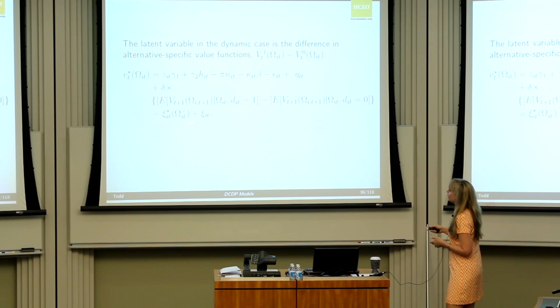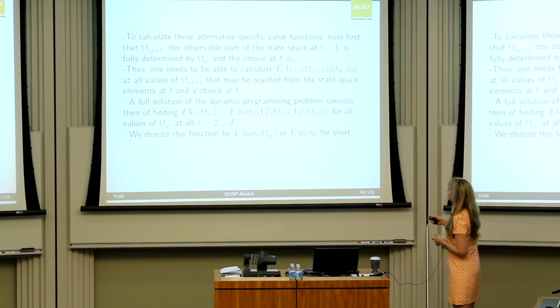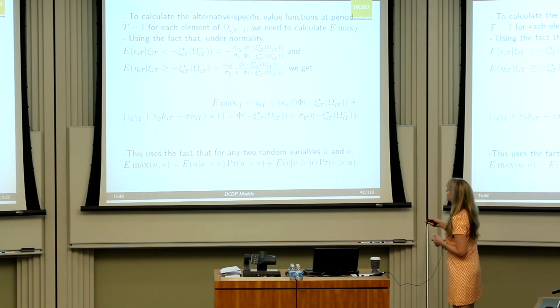You work when this threshold is greater than or equal to 0, otherwise you don't work. So in order to get those expectations, this is the expectation of the error term conditional on not working and conditional on working.